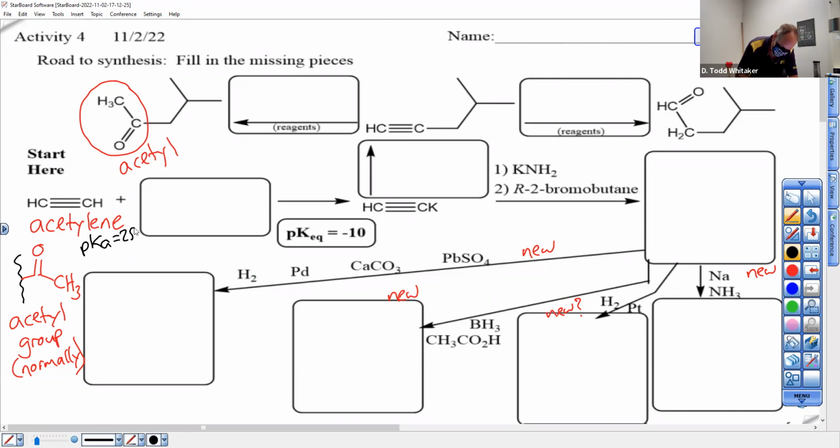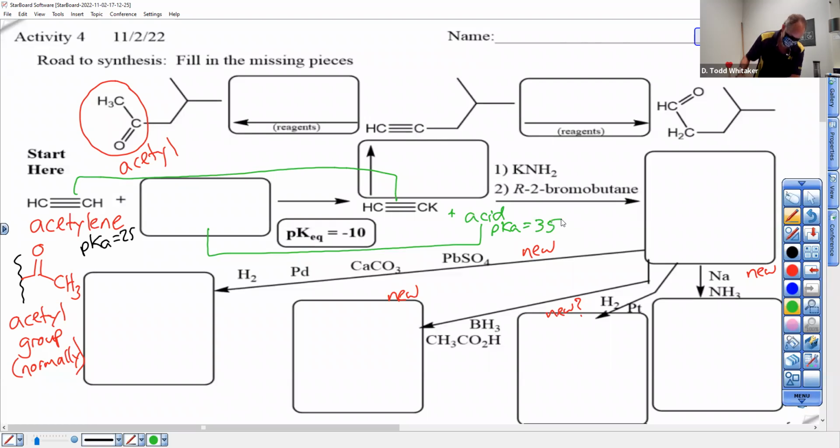What must the pKa of that acetylene becomes, that, be? This is not even labeled with its partner, but it has to become an acid with a pKa of 35. How did I know that? That is magic. That's the only number that works with the information here.